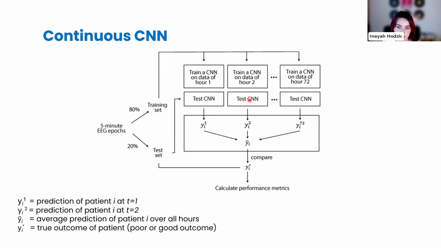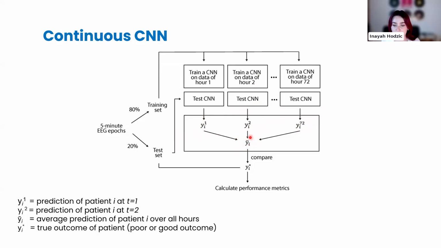Then for the same patient, all the data of hour number 2 was tested on the CNN trained on this particular hour. This yielded a prediction for the same patient at hour number 2. And this continued for all data that the patient had. So if they had the full 72 hours, we have 72 different predictions. And then to combine all of those, we took the average of all the predictions of that particular patient over all hours into a final one.